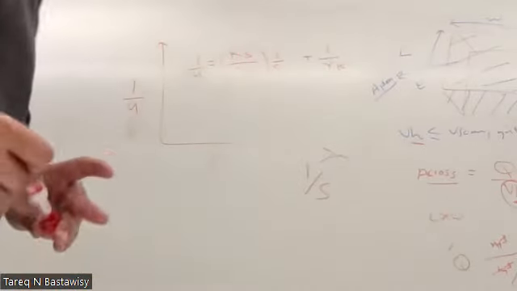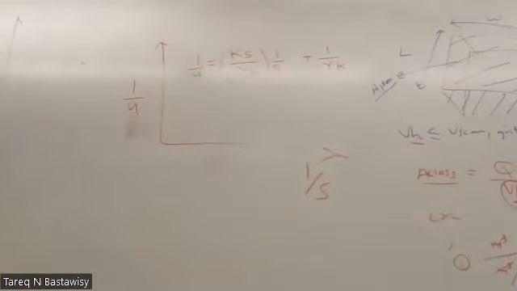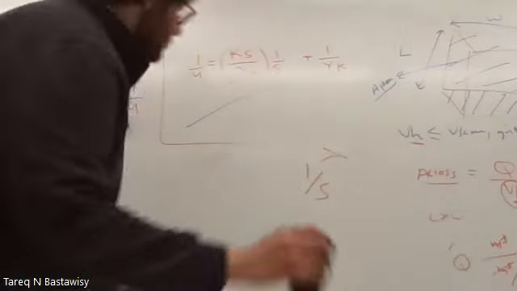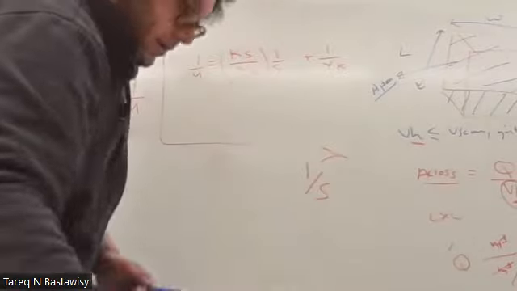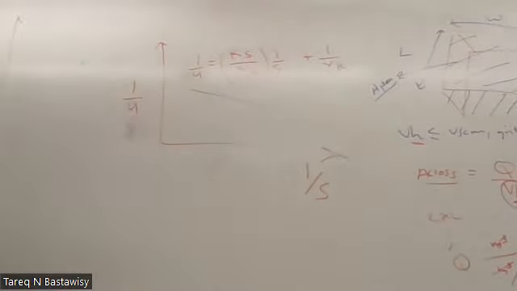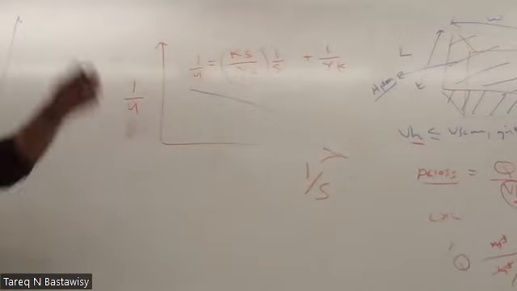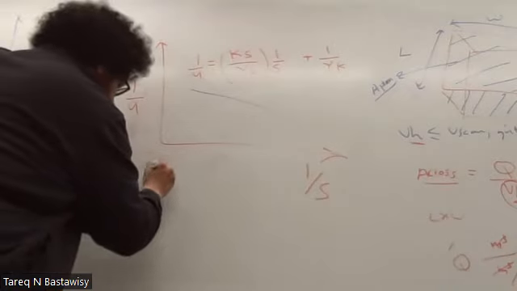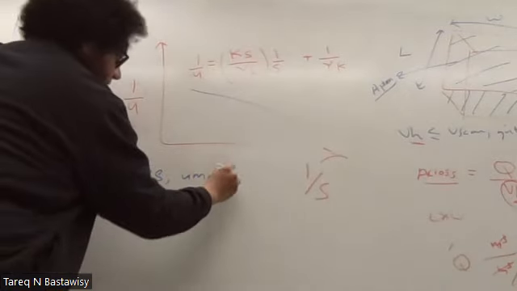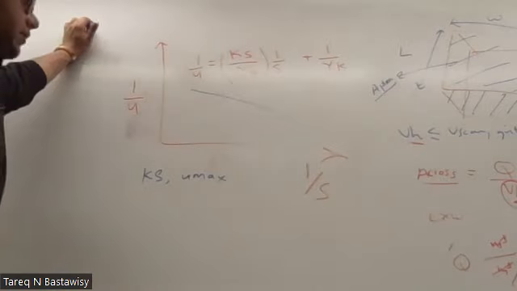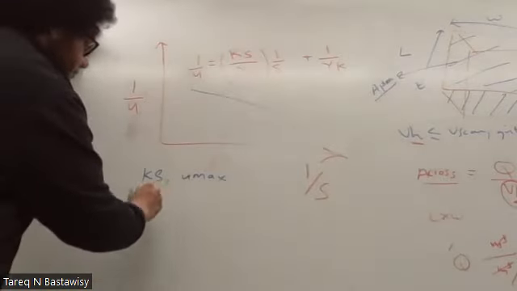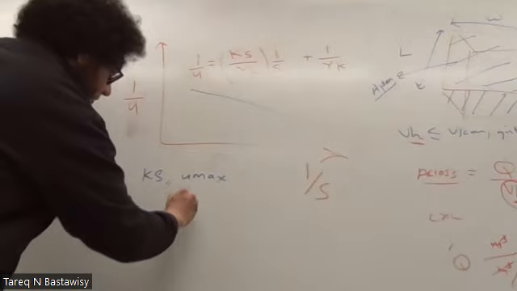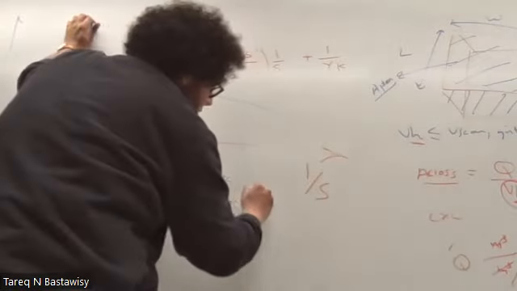If there's a plot in the exam and it tells you, I want you to find Ks and I want you to find U max, an important point is that U max is equal to YK.